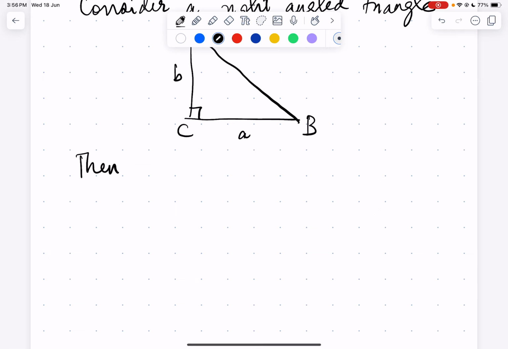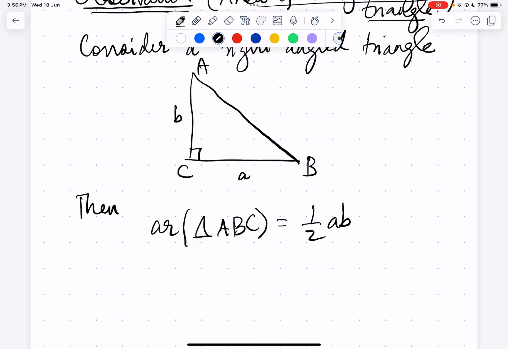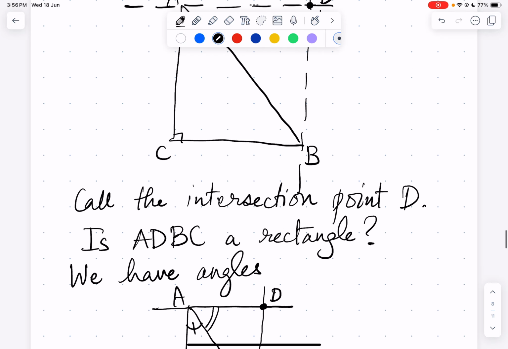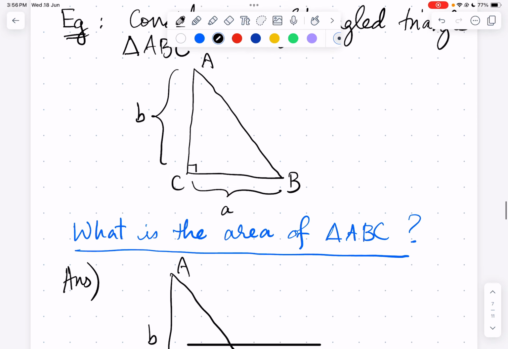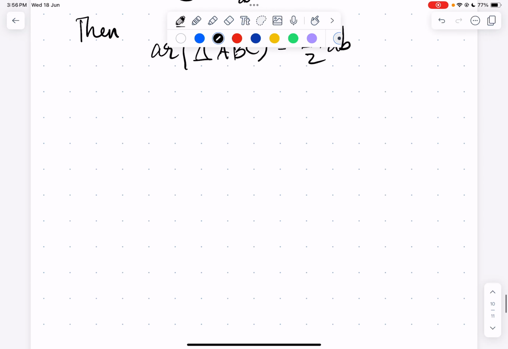Then the area of the right angle triangle is just half AB, right? So this is an observation. So we can ask, our original question was, how do we find areas of general triangles? What is the area of a general triangle ABC? So we'll get back to that.